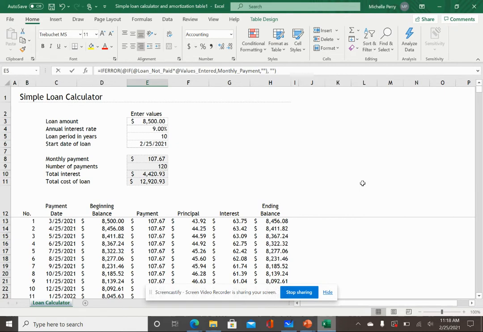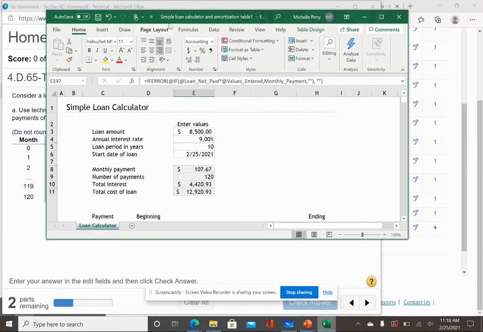So I then can insert these values into my table. So my balance in this case at the end of that first month should be $8,456.08. So I'm going to minimize this really quickly.